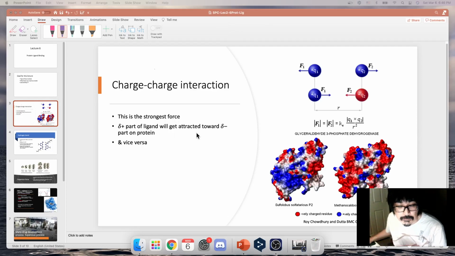A ligand may have part of the molecule being partially positive and part of the molecule being partially negative. So do proteins. So if you have a positively charged ligand, for example, then that positively charged ligand will be attracted to the negatively charged residue on the protein.